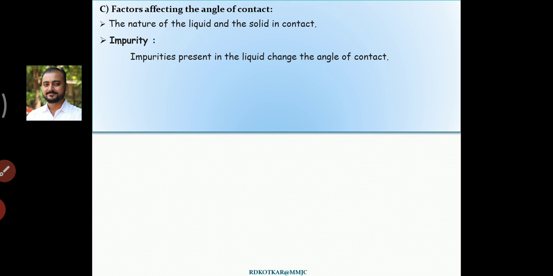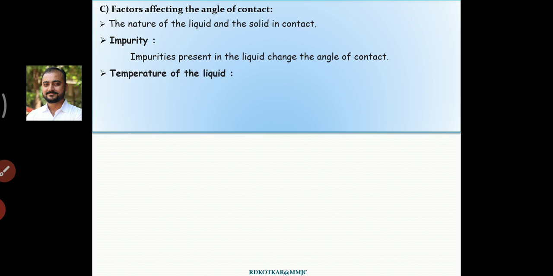Now if you add some salt to this pure water, what happens? It becomes impure, and as it becomes impure, its angle of contact changes. In this manner, the impurities added to the liquid change the angle of contact.